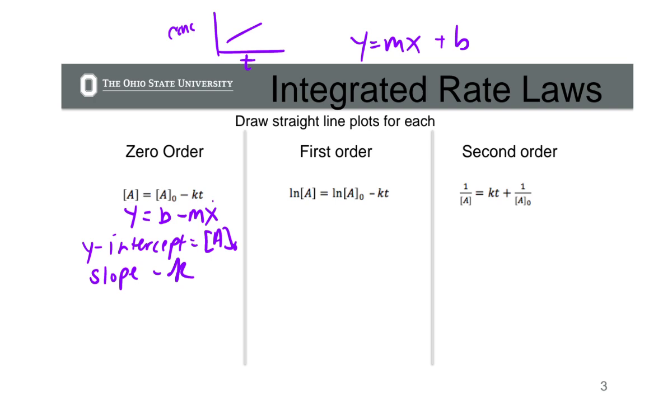So this one will have a negative slope. Our y-intercept is our initial concentration, so it's going to be somewhere high with a high value, and the slope is going to be negative. On y, we're going to have the concentration of A at whatever time, and of course, time is on x. Questions on that?